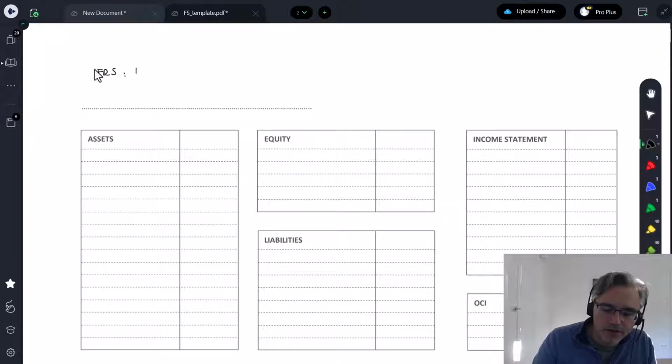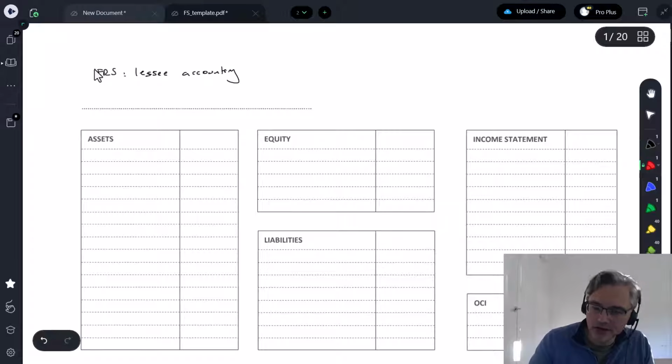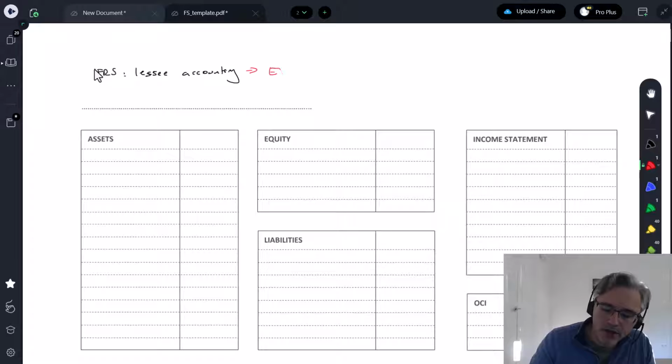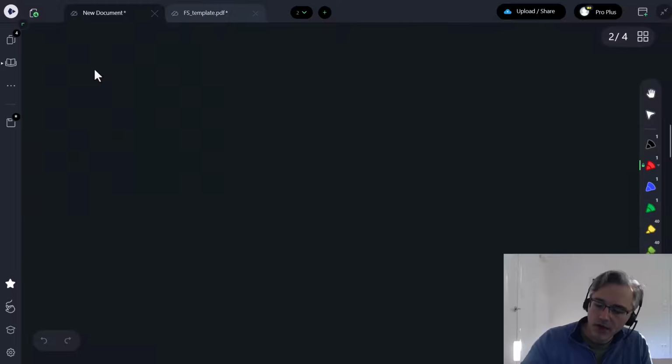But obviously this is IFRS, it's lessee accounting. But first, let's try to see what would happen if we applied that exemption that I talked about just a moment ago, right?